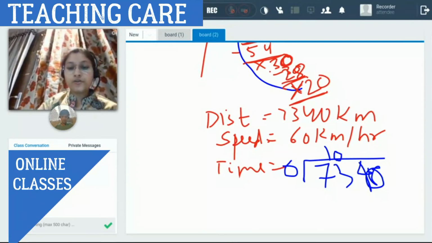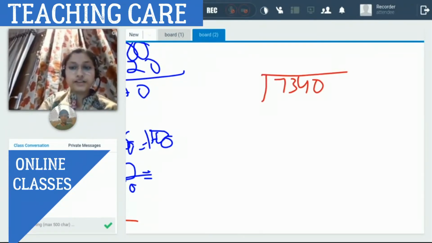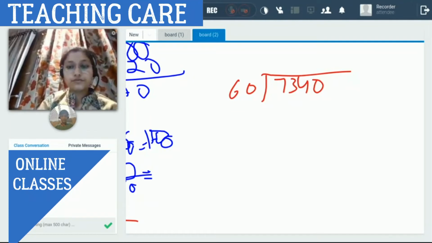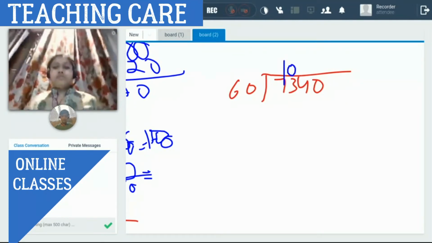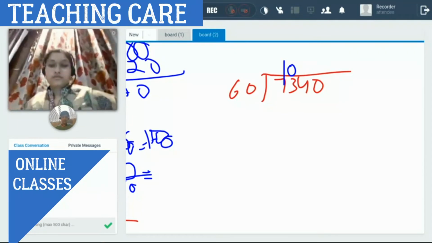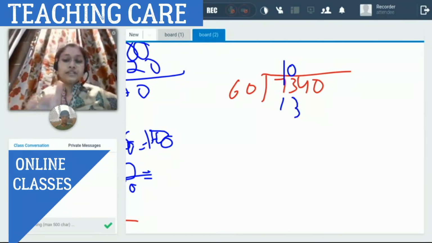Wait, the area over here is not enough. So start solving here. 7340 divided by 60.